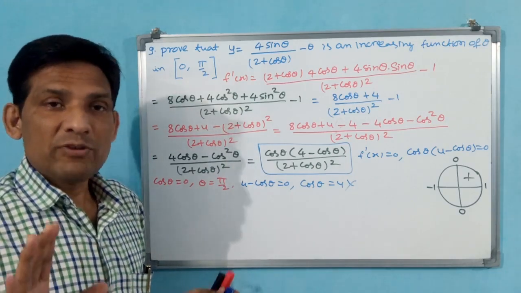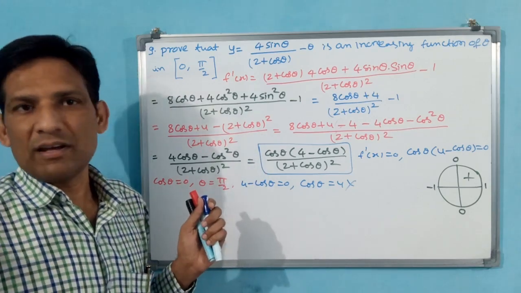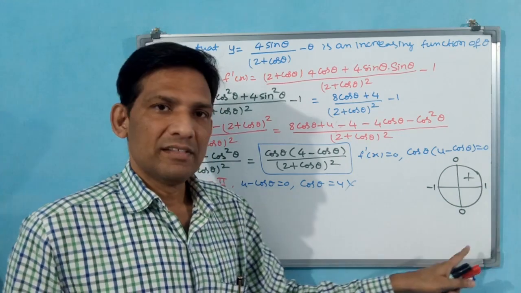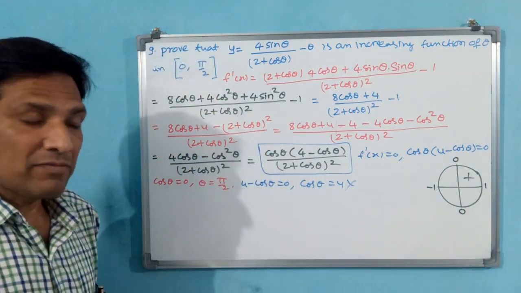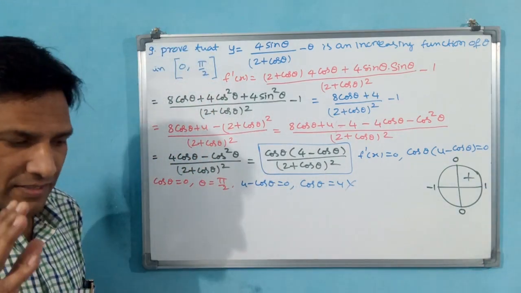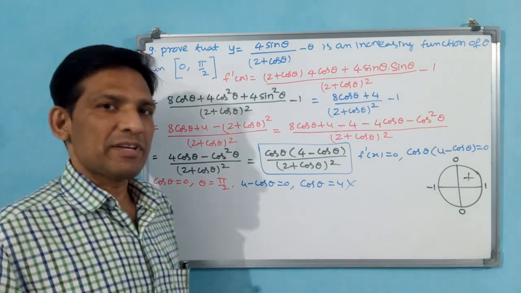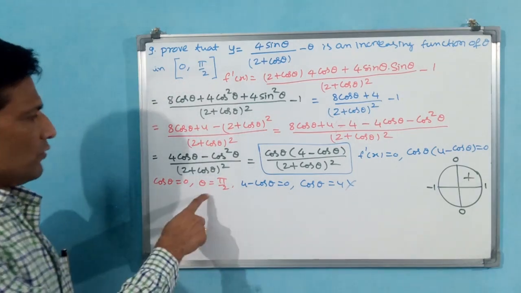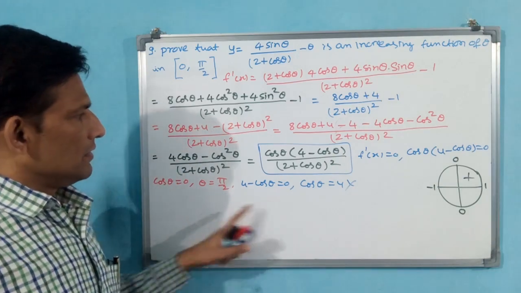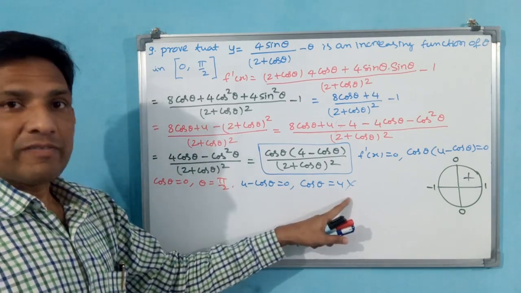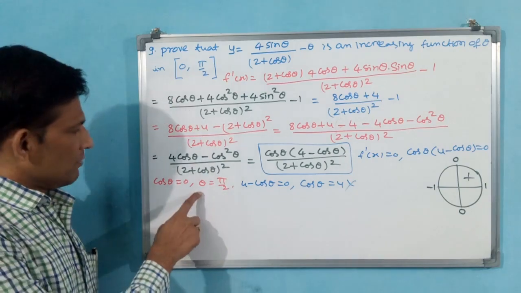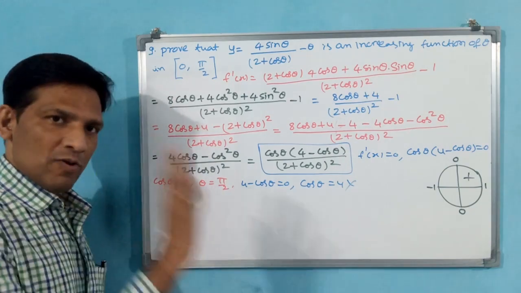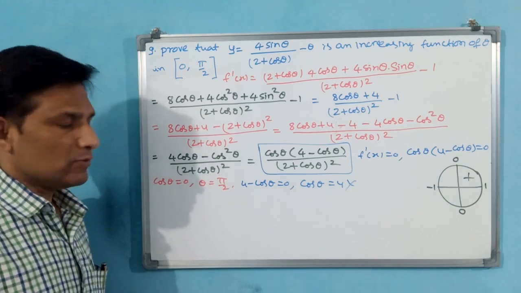Because the cos theta value is between minus 1 and plus 1: not less than minus 1 and not greater than plus 1. That is why this value is not valid, so you need not take that theta. But cos theta equal to 0 is valid, so you can take theta as pi by 2. Now we confirm that theta is pi by 2.